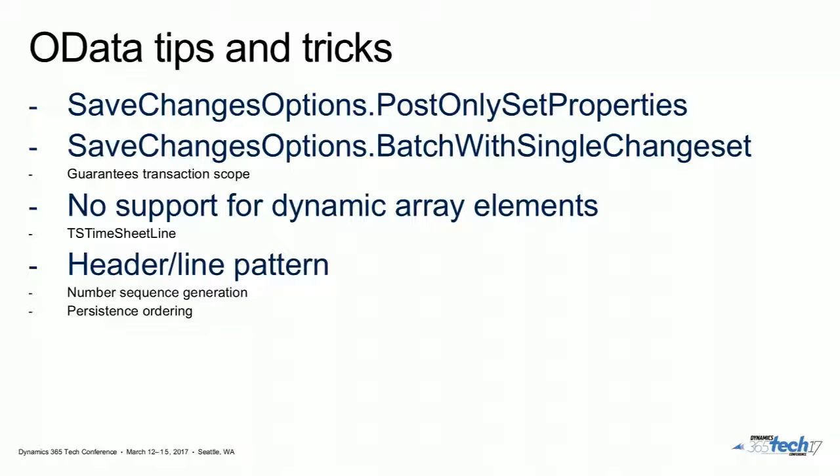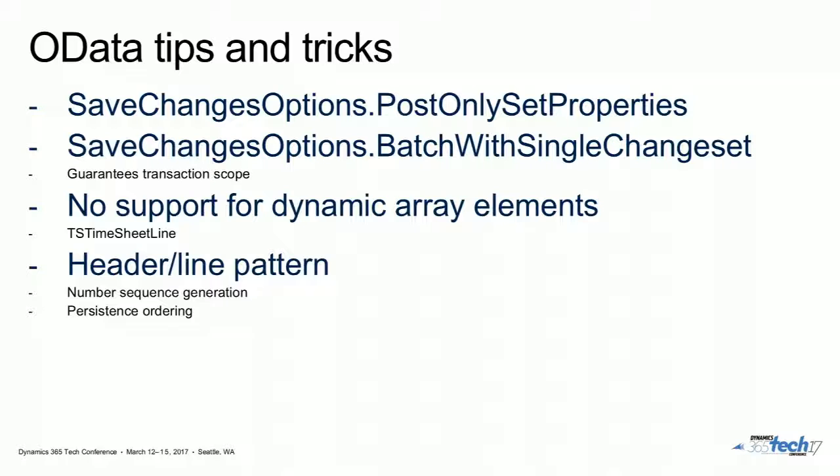So if you want a D365 sales ID or any of the document IDs, you can call the number sequence service and assign the ID before you post this operation. I'll put up this example at the end of next week in GitHub, so you can watch out for that. And also in the header and line pattern, look at persistency.